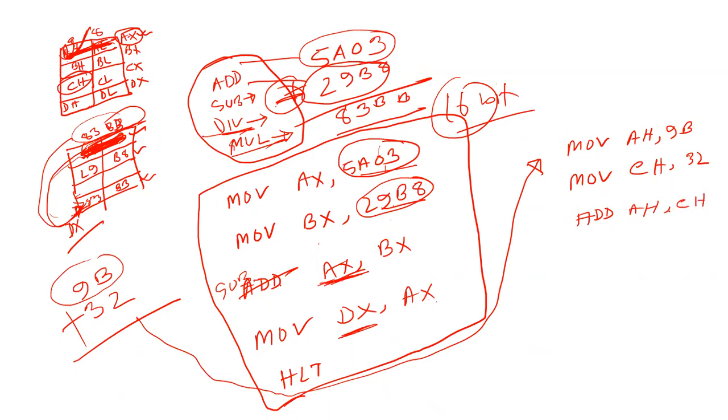Because our result transfer position is the accumulator. The accumulator is the main register, the working register. All data must be transferred to the accumulator.